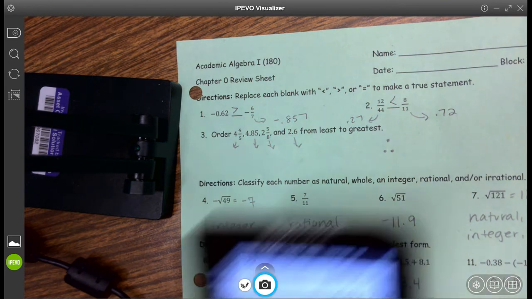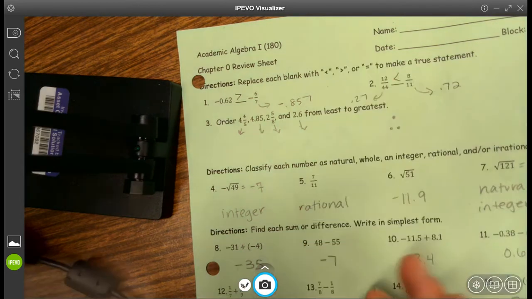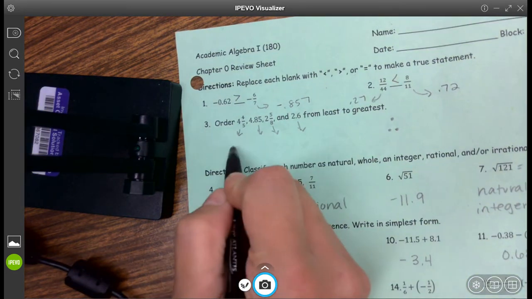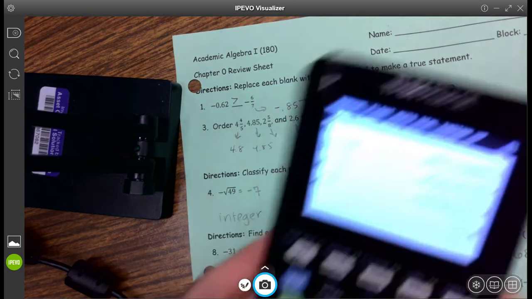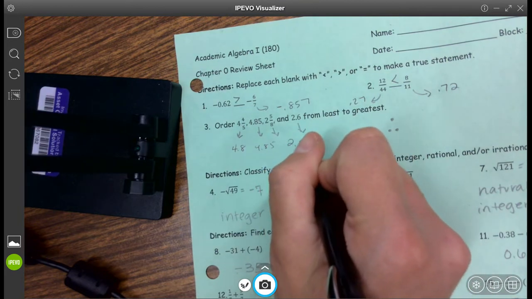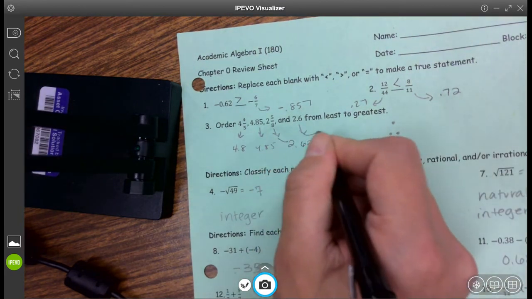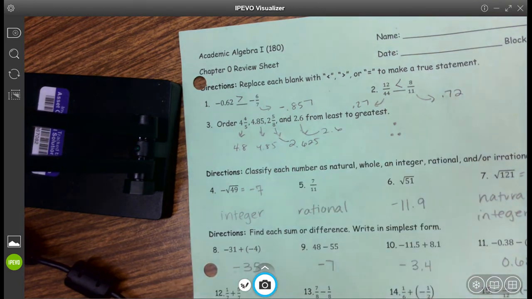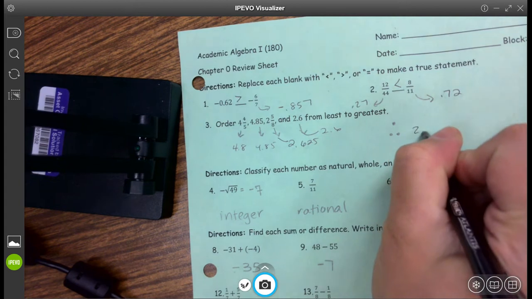In the calculator here, 4 divided by 5 is 0.8. And I want to put all these into decimal form. 5 divided by 8 is 0.625. So if we're going from least to greatest, you'd have the least, which is 2.6.